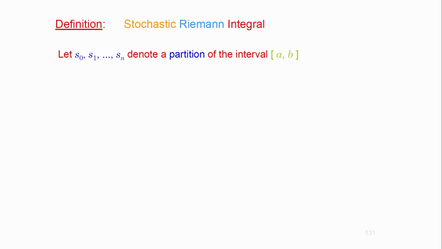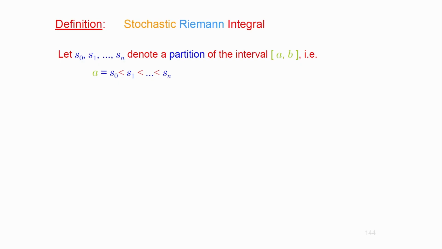The partition starts at the lower endpoint of the interval, so a is S0 by definition, which is strictly less than S1, otherwise it would not be a partition, which is strictly less than S2 and so on. The last point is Sn, and that corresponds to the upper endpoint of the interval.